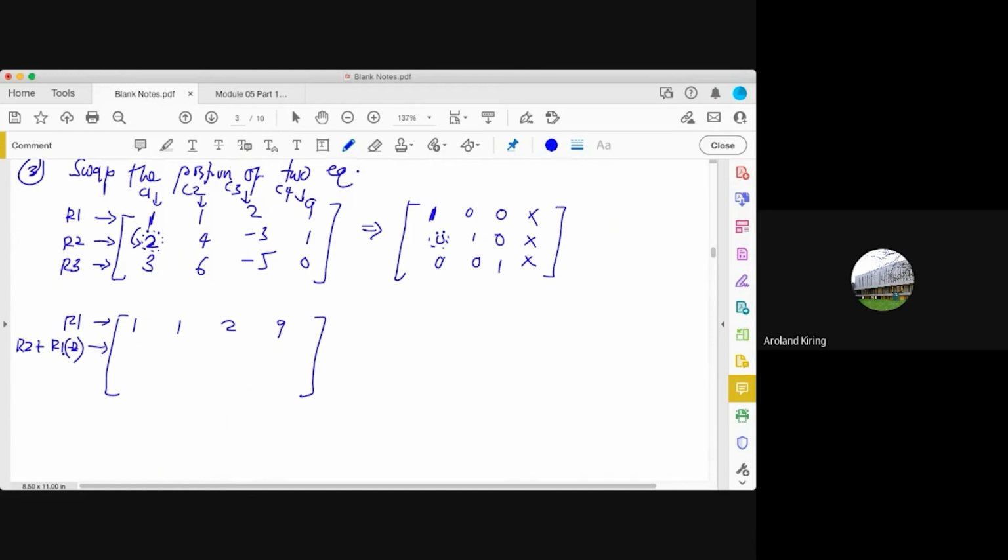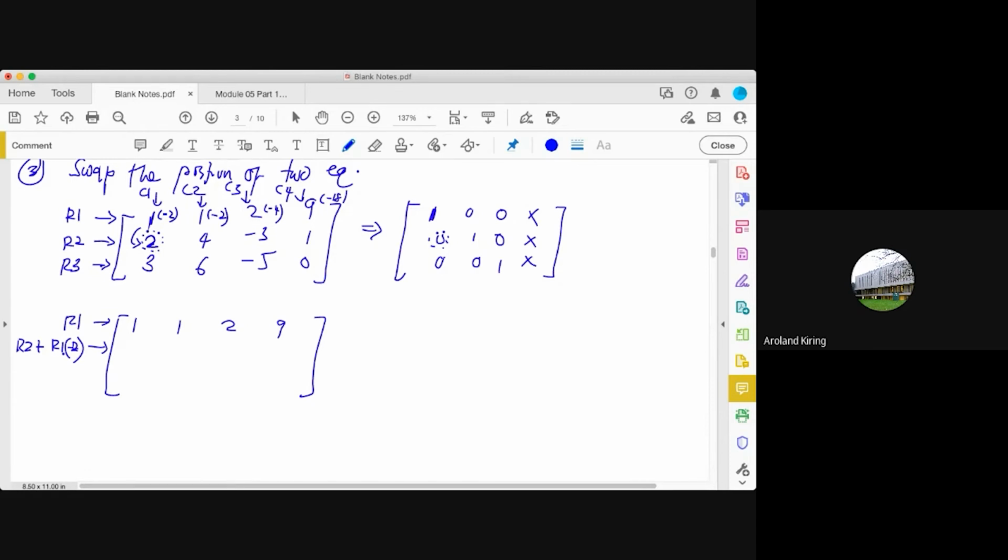If row 1 is multiplied with -2, this one will become -2, and 4 will become -8, and 3 will become, sorry, because we multiply row 1 with -2, this one also -2, and 2 will become -4, and 9 will become -18.